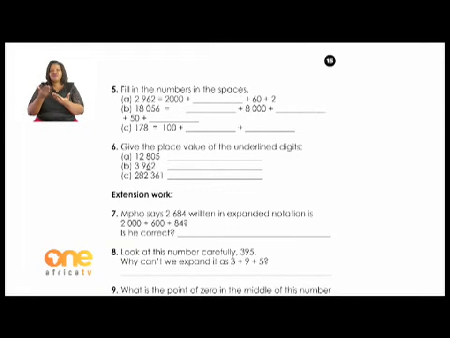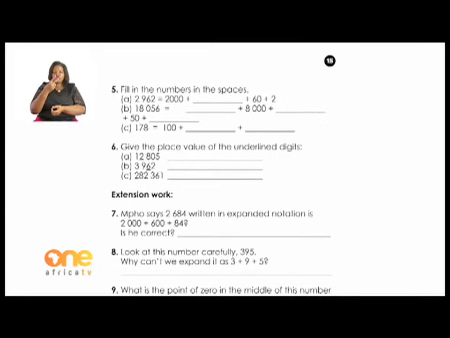Number 6 is for you to give the place value of the underlined digit. A to C: in A, 2 is underlined. In B, we have 6, and in C, we have 2.